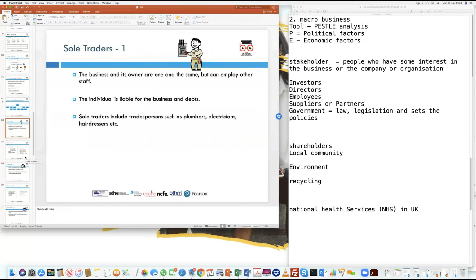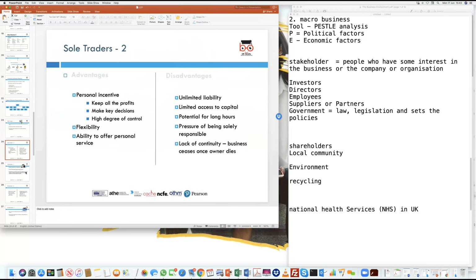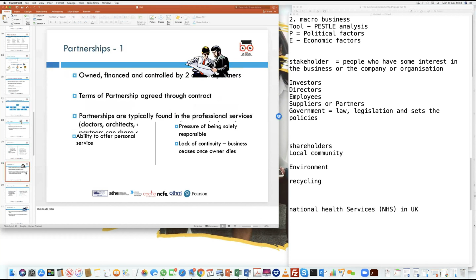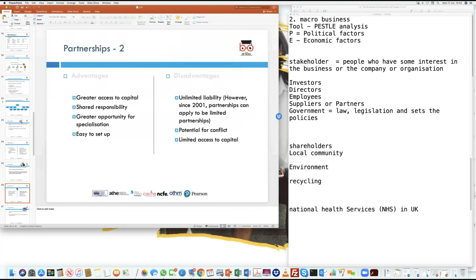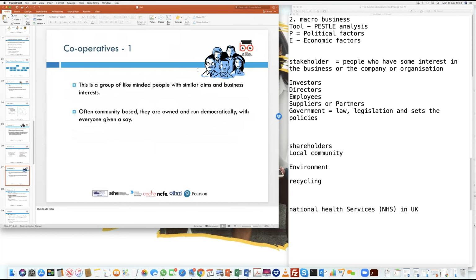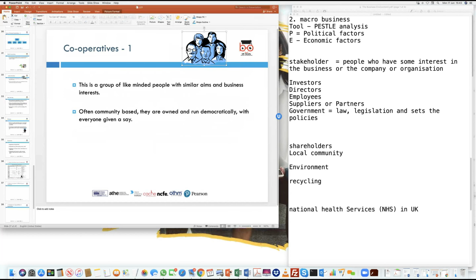So this is a bit of classification which I have done for you to read through in the presentation, which I'm going to send to you so that you know and understand what are the advantages and disadvantages and why some of these companies are registered in such a manner. When you have partnerships, why do you have sole trader, why do you have limited company, and that is explained in some of these slides for you to go through.